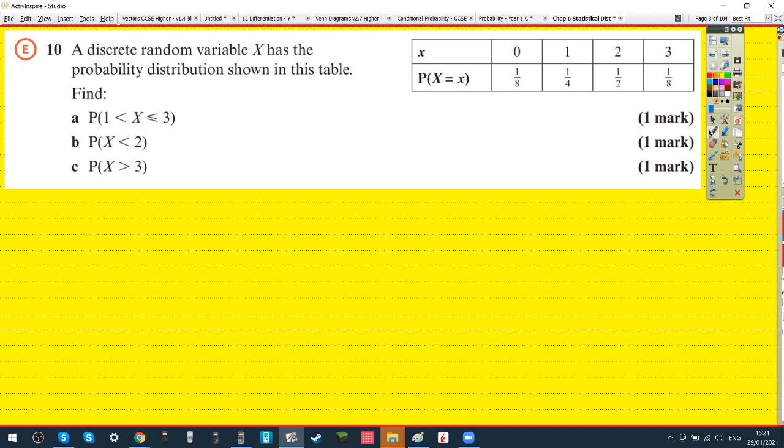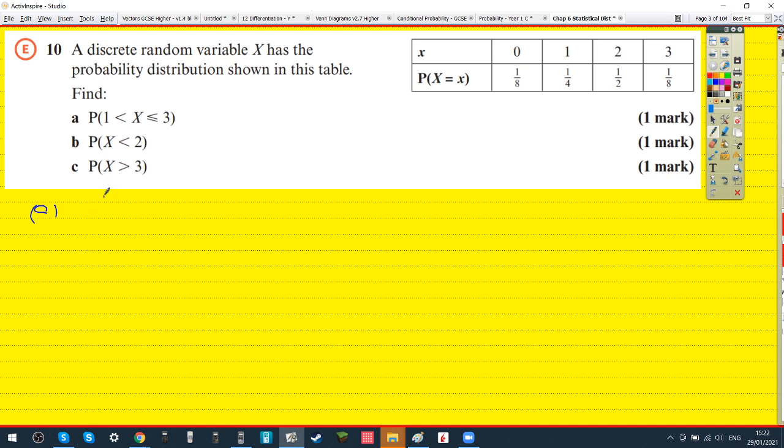So am I just doing a quarter plus a half plus 3/8 plus an eighth? Sorry, that would be if this was or equal to there. Is it just going to be a half plus an eighth? Yes, X could be 2 or 3. That's it.